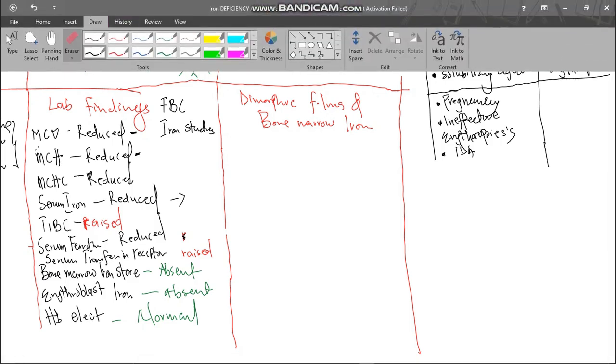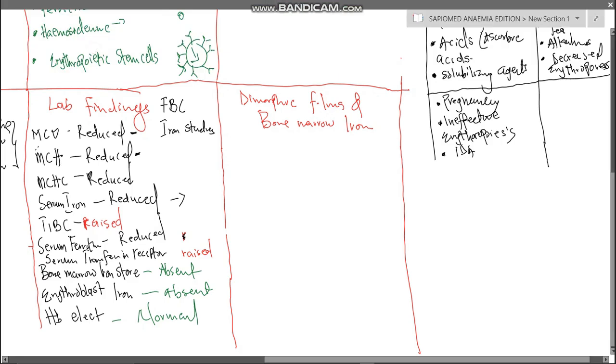So what do you think will happen in dimorphic films? This is when iron deficiency anemia, IDA, is associated with folate deficiency.